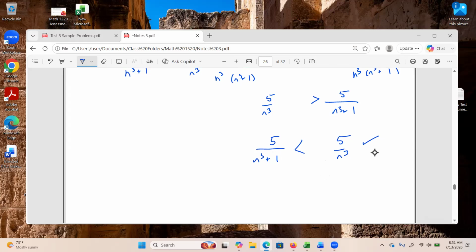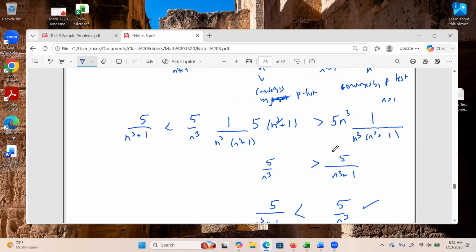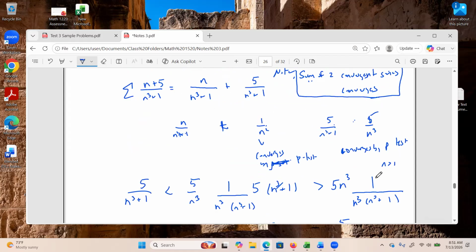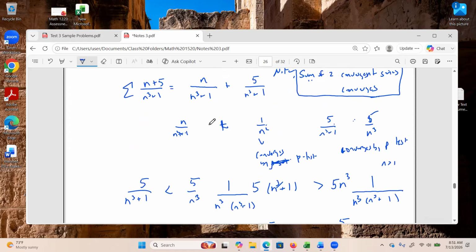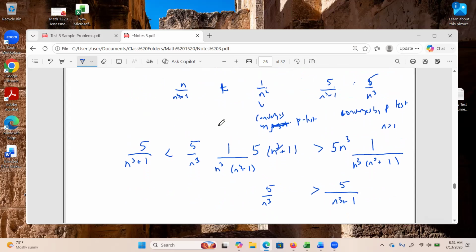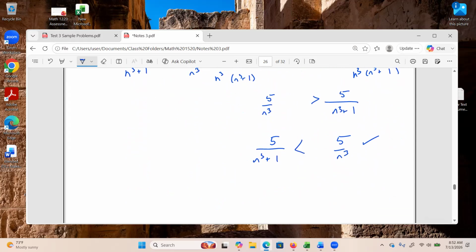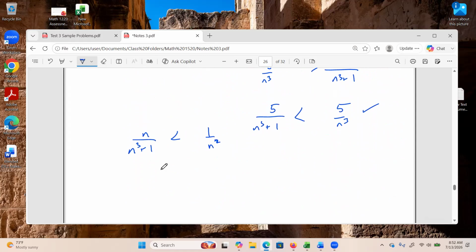We're pretty much going to do the same thing with the other piece. So what about the other part? Is n over (n cubed + 1) smaller than 1 over n squared?